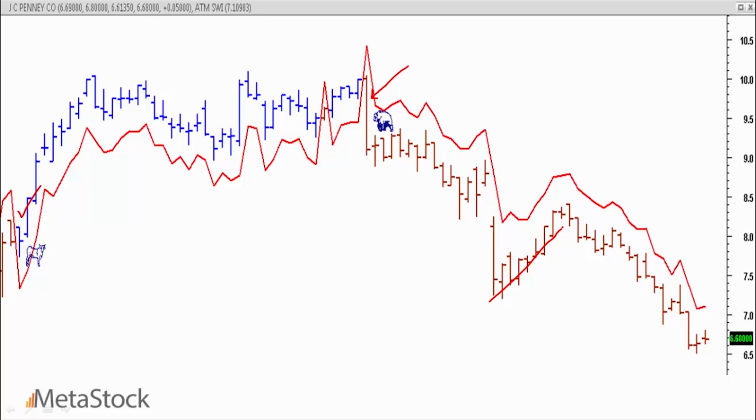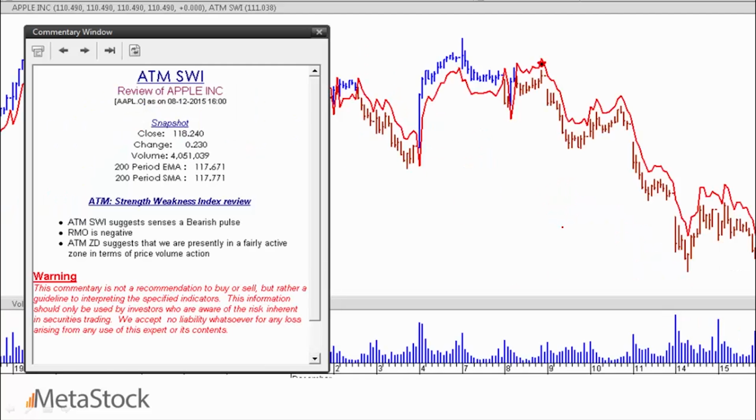So the Strength Weakness Index is an all-new take on the price trend, really driven from volume. Again, all of this has expert commentary which integrates together. So in one glance, you could understand if the market is in a bearish pulse or is in a corrective up move by just clicking on the expert commentary.